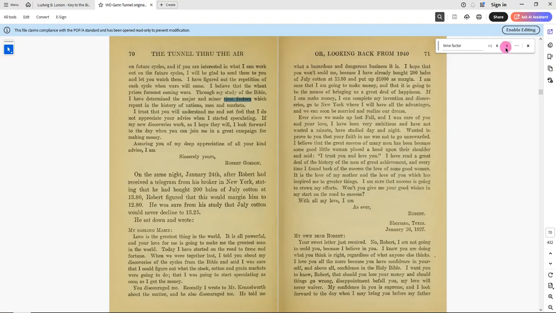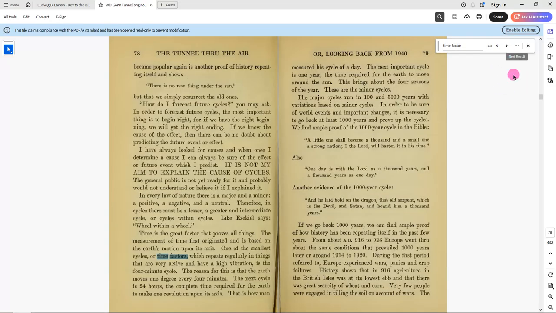The next instance of this is time factors on page 78. This is a really important comment here. The measurement of time first originated and is based on the Earth's motion upon its axis.